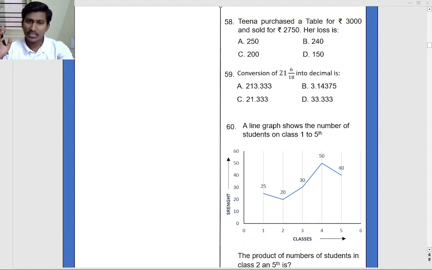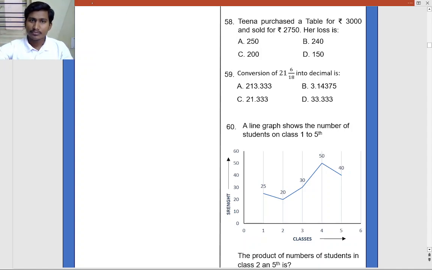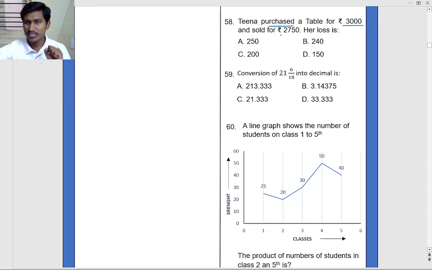So now let us see 58.1. What is the question? Tina purchased a table for 3000 rupees and sold for 2750.